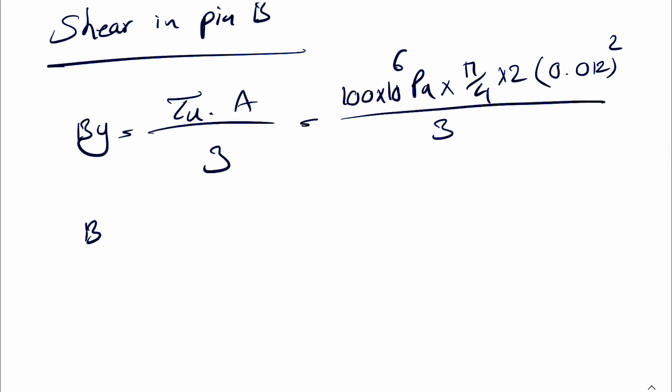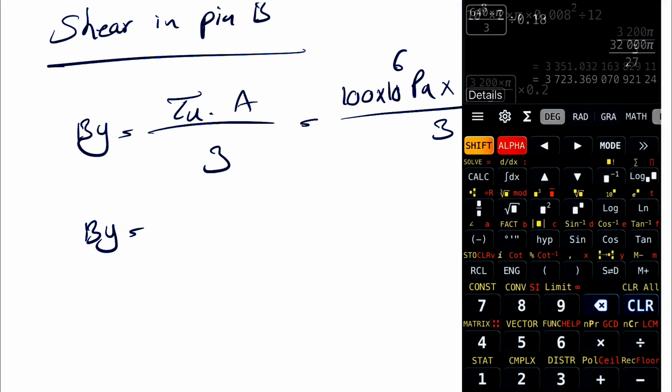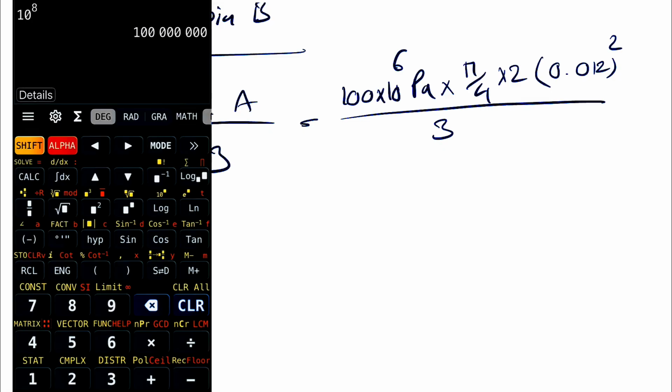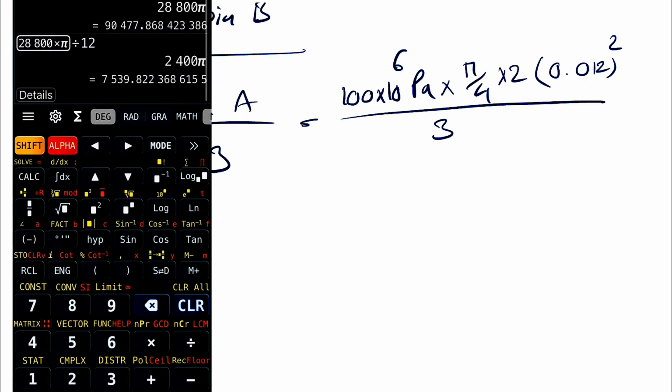Let's calculate this. We can find our BY, and after that we can find P. So 10 to the 8 times pi times 2 times 0.012 squared divided by 12.